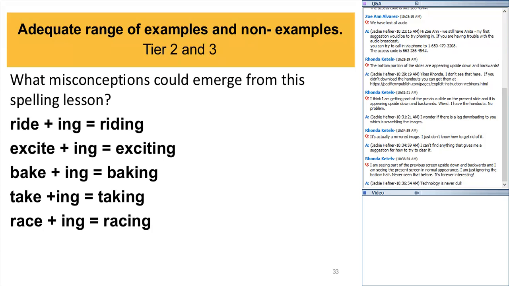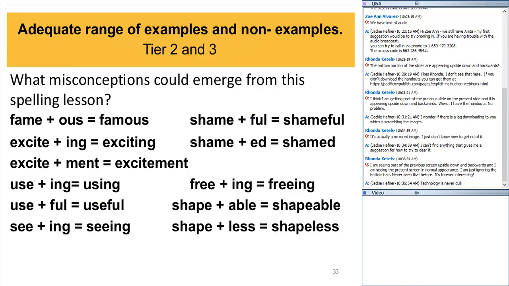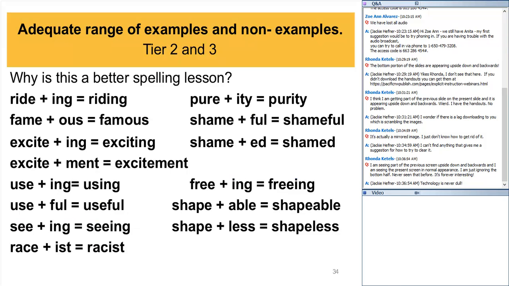Well, that's because there is not a range of examples, and there's no non-examples at all, so that they can make a discernment of when to not employ the strategy. This is a perfect non-example in itself because of the misconceptions that would occur. Now, I want you to look at the next example and think to yourself, what is different? What is different that is going to reduce misconceptions?